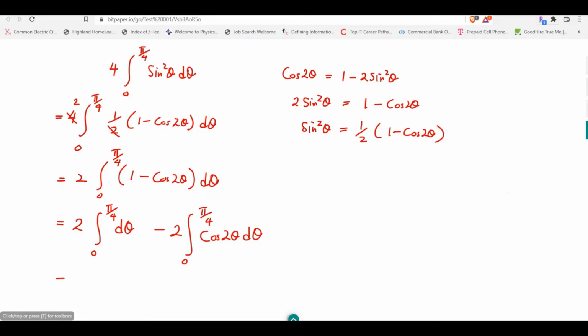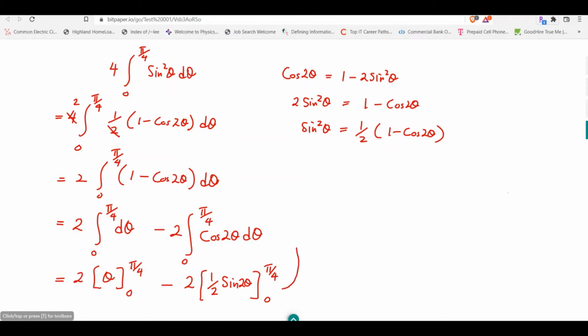Now when we integrate the first term, it's just theta with the upper limit of pi over 4 and the lower limit of 0, minus 2 times the integration of cosine 2 theta. So that's going to be 1 half sine 2 theta. And again we have to substitute the upper and the lower limits, pi over 4 and 0.